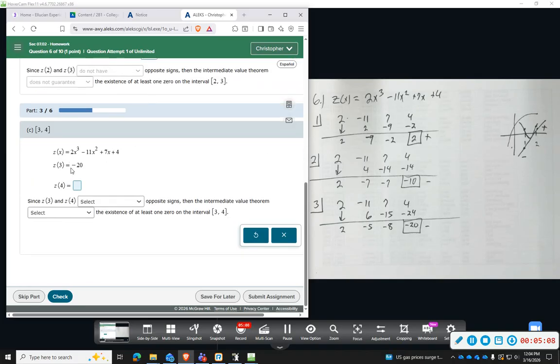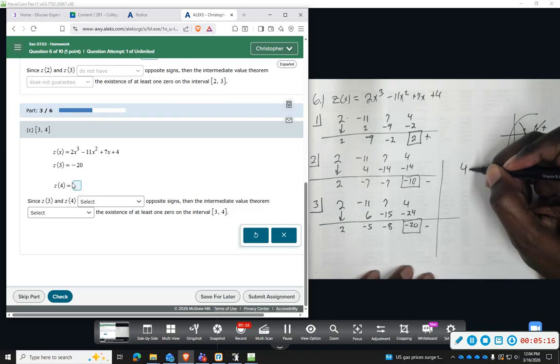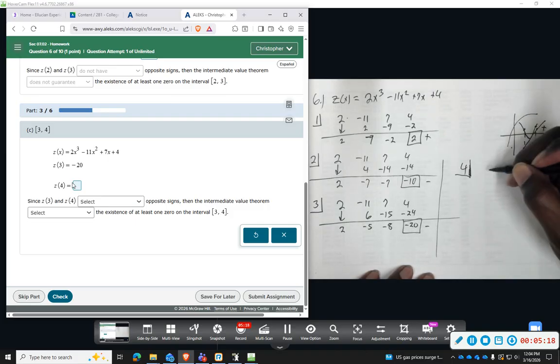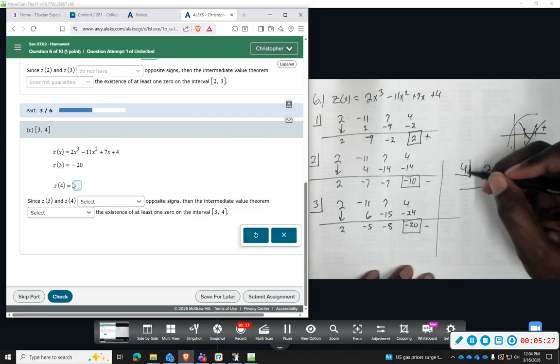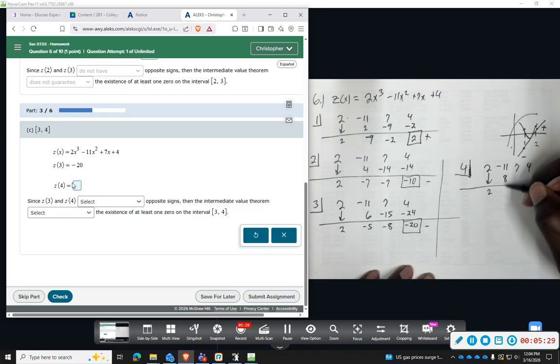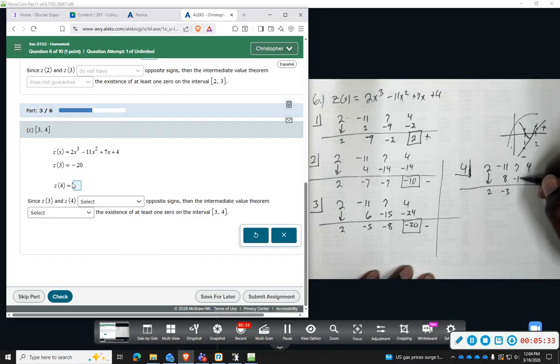If we do a z of 4, okay, I can do the same thing. So I'm looking between 3 and 4. I'll just kind of come over here and do 4, 2, negative 11, 7, 4. Bring the 2 straight down. 4 times 2, 8. Subtract, negative 3. 4 times negative 3, negative 12.